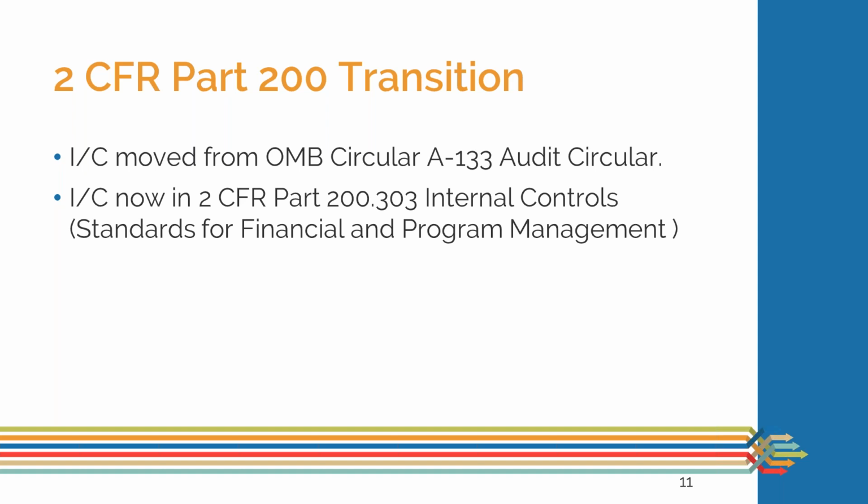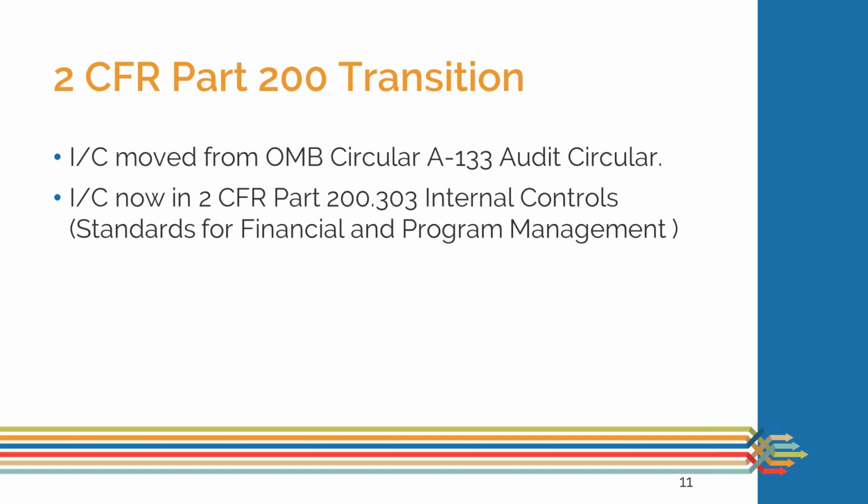Now with the 2 CFR, internal controls have actually been moved from that audit circular, which is now subpart F, the audit part, and it's been moved up into part 200.303 for internal controls. And when you talk about 200.303, you are now talking about post-award.